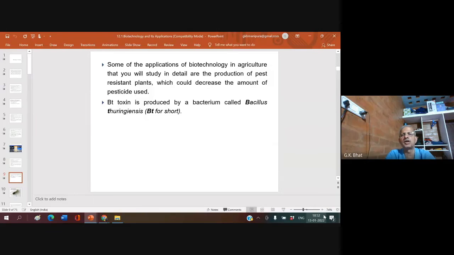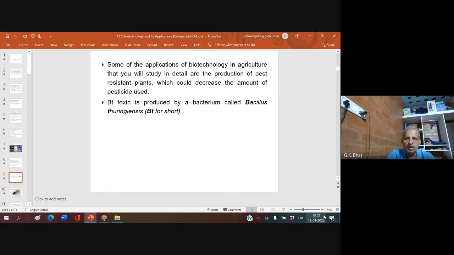Some of the applications of biotechnology in agriculture that you will study in detail are the production of pest-resistant plants. What is a pest? Pest is an unwanted guest. So we should go for pest-resistant plants which could decrease the amount of pesticide use. Today, in order to get more and more yield, inorganic fertilizers are used extensively, and also to control pests, insecticide, pesticide, herbicide, all these are used.